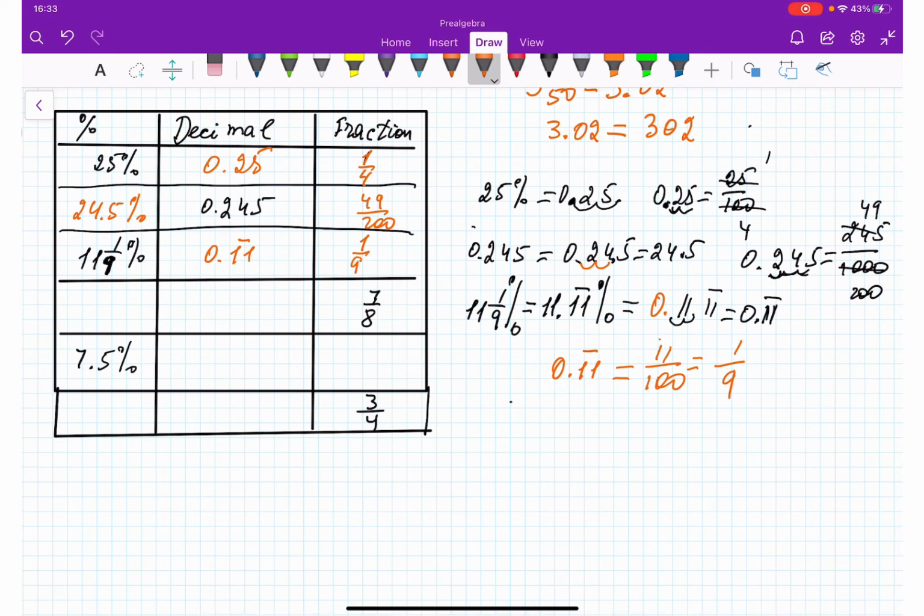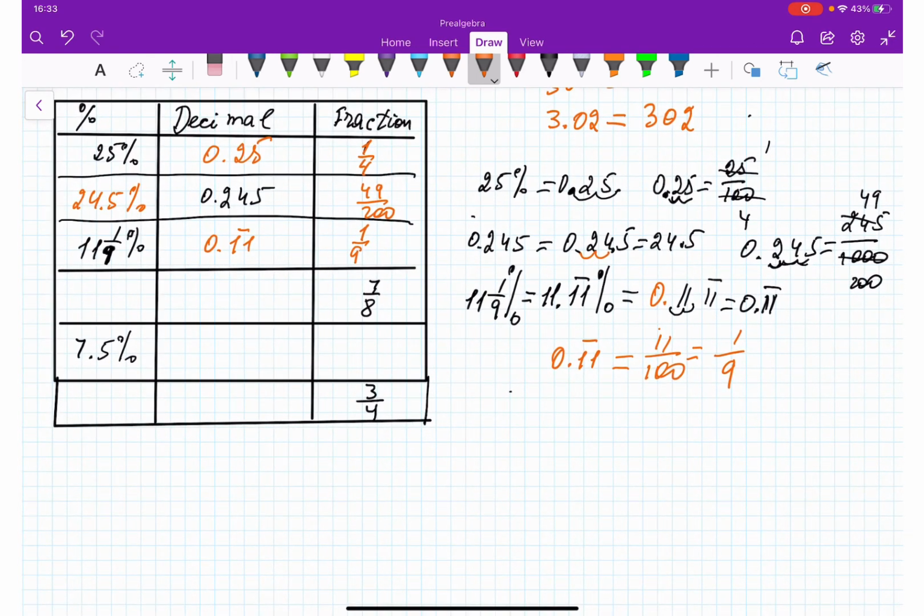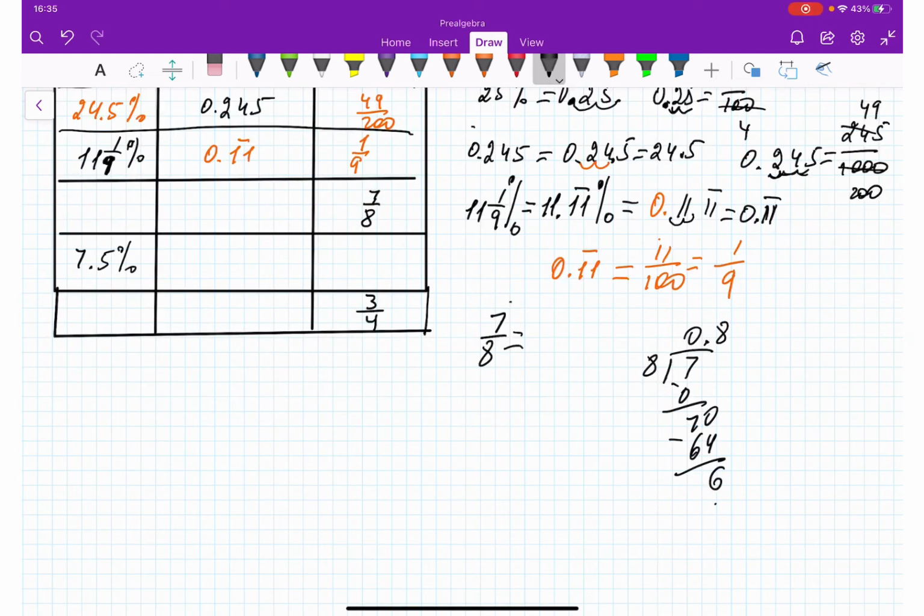Next one, 7 over 8. Let's convert 7 over 8 into decimal notation first. Seven divided by 8, 0.0. 70 divided by 8 is 8 times 8, 64. Remainder is 6. Adding 0, 60 divided by 8, 7 times, 56. And 40 divided by 8 is 5.